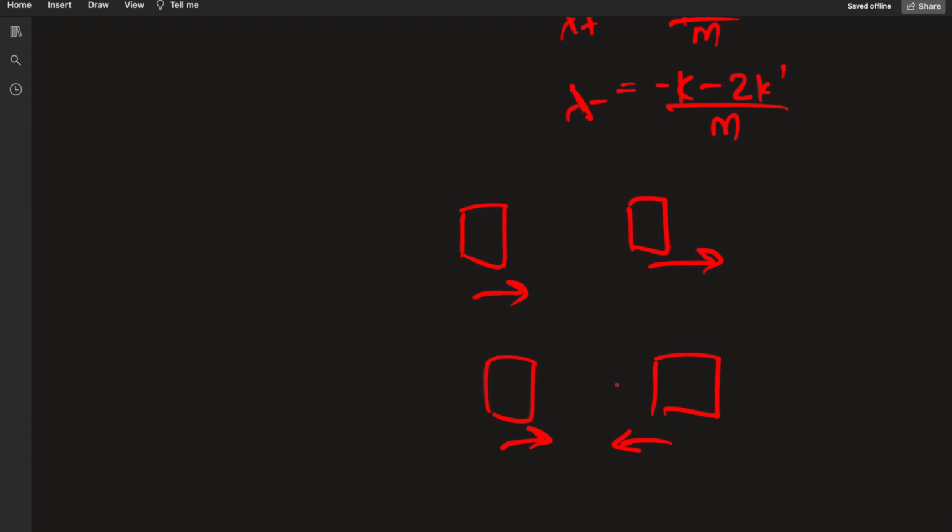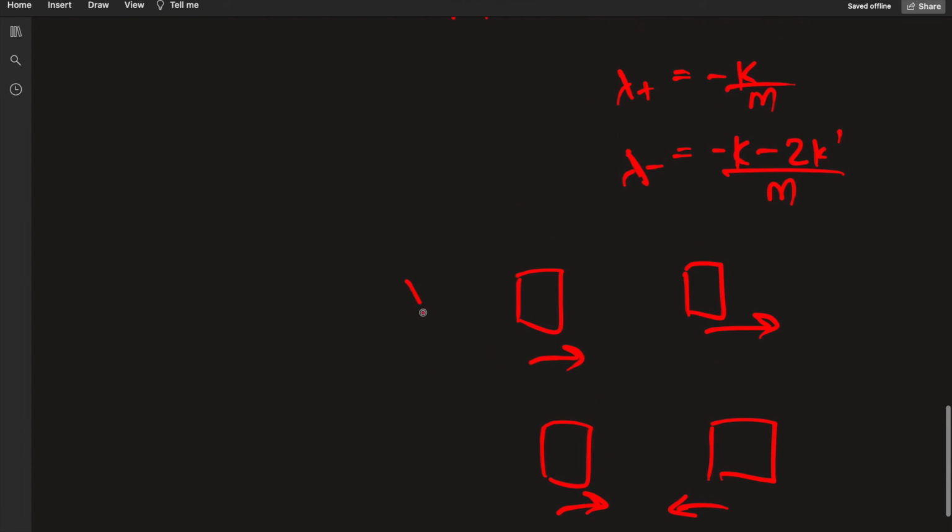And when that happens, the modes of vibration, the normal modes of vibration change. So if they're in phase, then it's the lambda plus frequency of both, and if they're out of phase, it's like lambda minus.